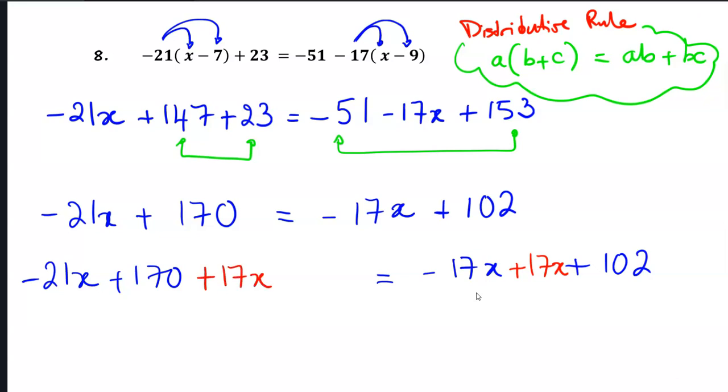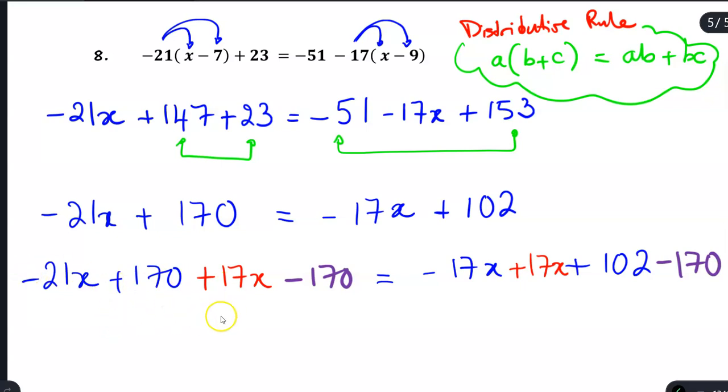Negative 17x, if you add 17x, it will be 0x, and you have no more x left on this side. Because you add 17x on the right-hand side of the equation, you must do the same thing on the left-hand side. At the same time, I want to get rid of plus 170, so I'm going to subtract 170. The same thing must be performed on the other side.